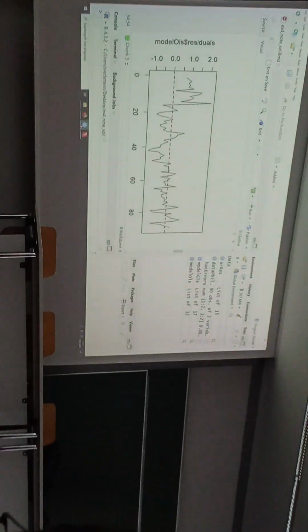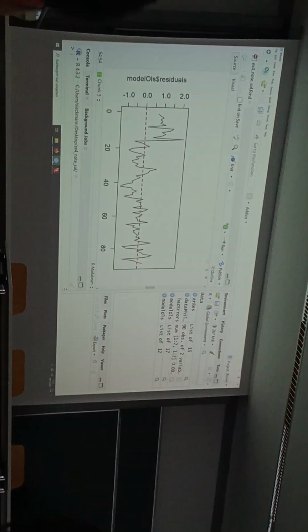But how does this look? I feel like I always give too much away with the plots before I give you the chance to say something. But I hope you see that in the first 18 observations, the residuals are all positive.